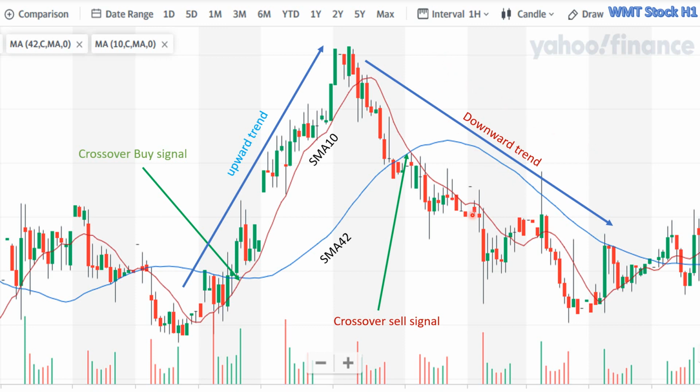Another thing is when SMA 10 crosses SMA 42 right here while going upward, we have a crossover buy signal. Whenever SMA 10 crosses SMA 42 while going downward, at this point, we have a crossover sell signal.